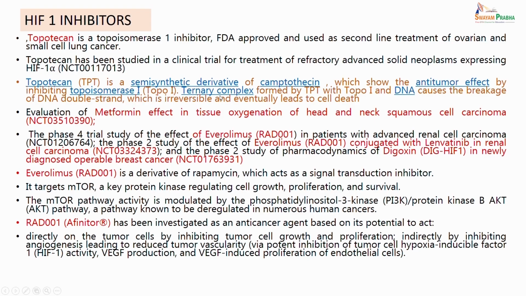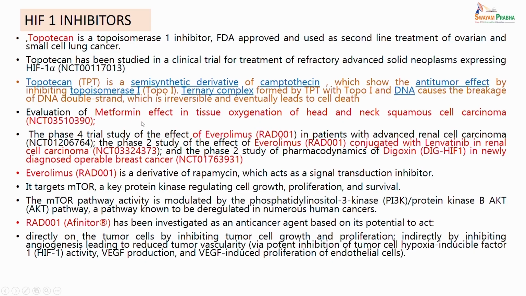So there is a ternary complex which is formed by the topotecan along with the topoisomerase enzyme and the DNA. So all three together form a ternary complex. This causes breakage of the DNA double strand, which is irreversible and eventually leads to cell death. So this is the mechanism by which topotecan acts.